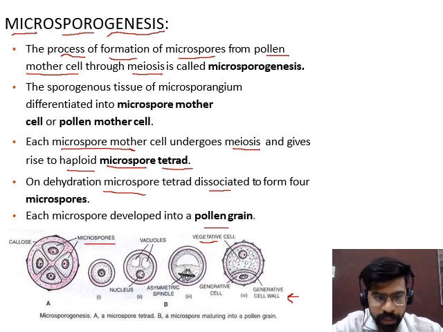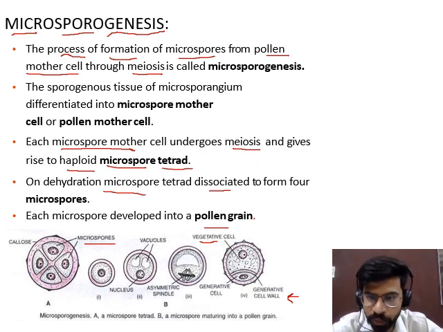In the next lecture, we will study about pollen grain. Now, in today's topic, I am just having a quick revision. What is sexual reproduction? Second topic: which part of the plant helps in sexual reproduction? That is the flower.